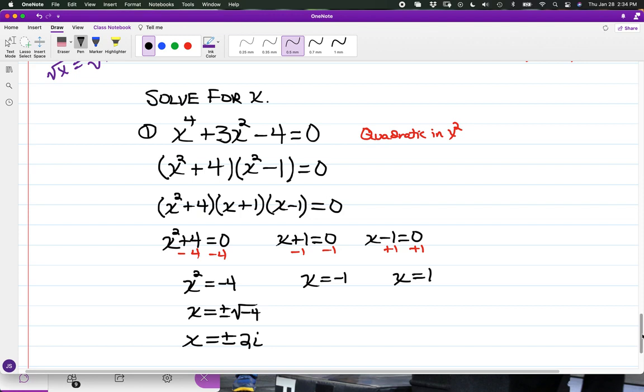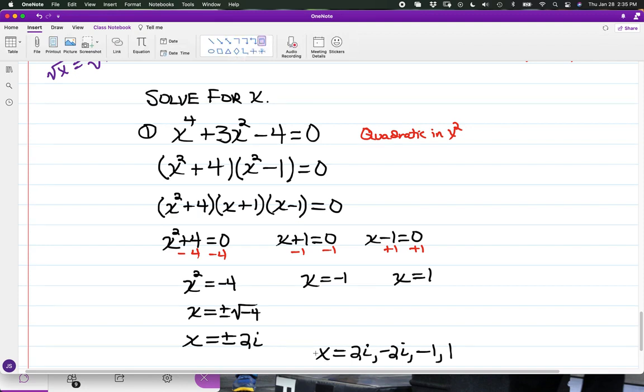And so we have for our solutions in x, again, 2i, negative 2i, and we have negative and positive 1. So you have two complex solutions with 2i and negative 2i, and two real values in the solutions with negative and positive 1.